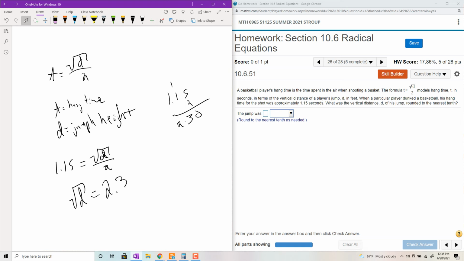And then square both sides. So you get D equals 2.3 times 2.3. Whoops, 5.29.